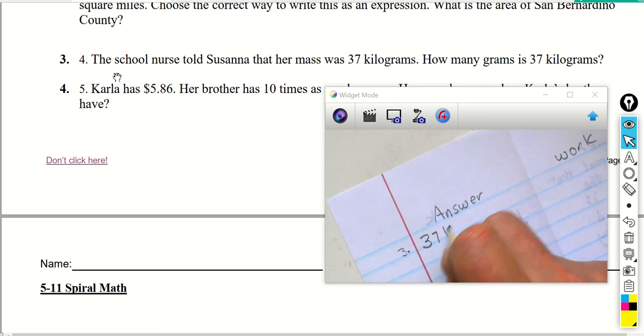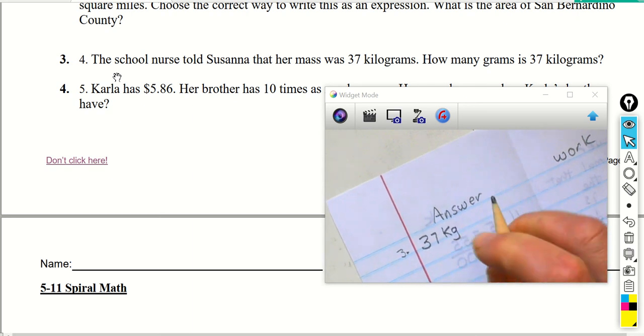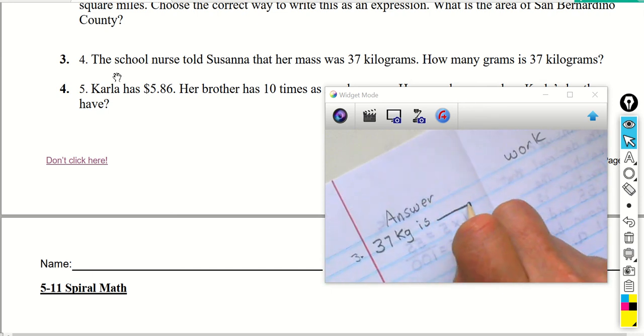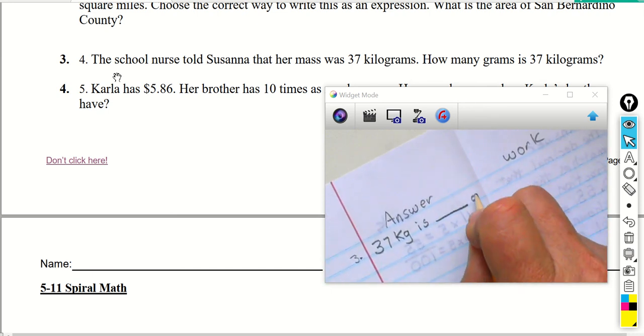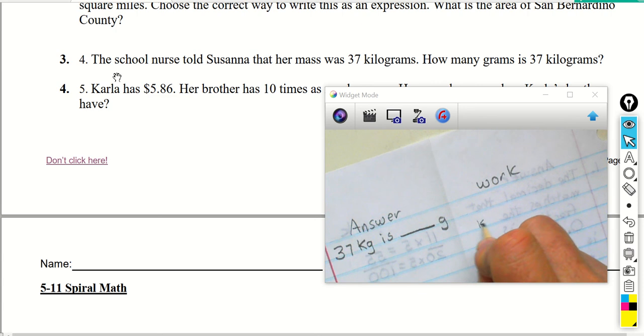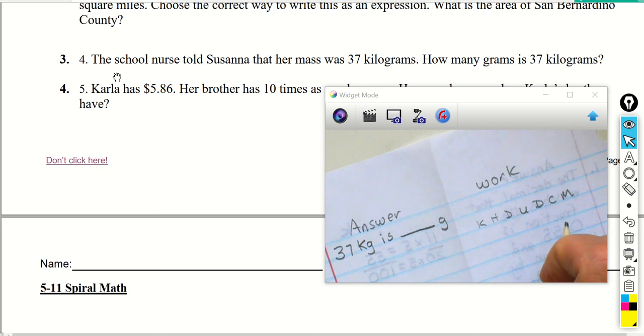37 kg for kilograms is, or you can also put equals, blank grams, G. And I remember my little expression. King Henry died, you know it, boys and girls, unexpectedly drinking chocolate milk. And now I'm going to use that to convert.